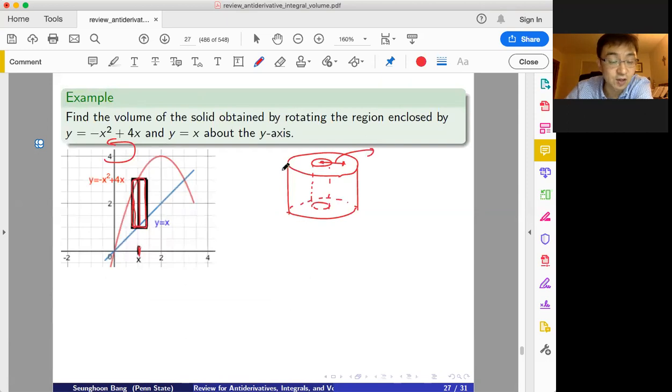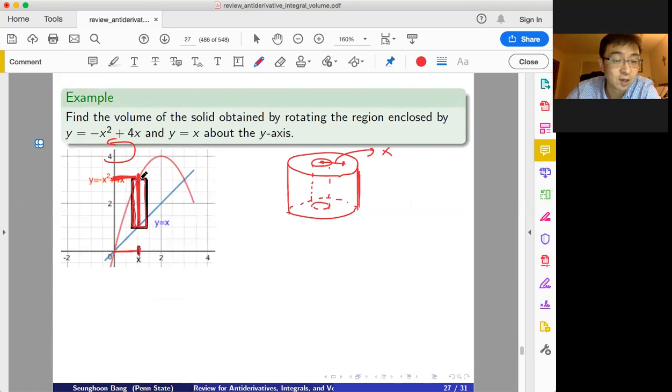What's the average radius? Here, you can choose the midpoint on the rectangle. You can extend to here, the rotating axis. This length is exactly the radius, the same as the x value. So this is x. What's the height? Height is the difference between function values.